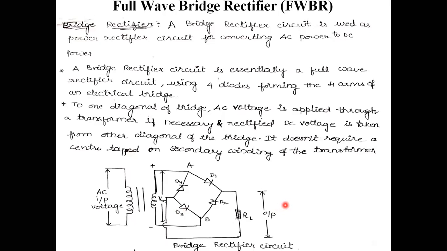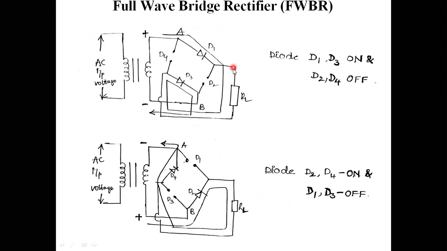This is the diagram with respect to the positive half cycle. That means terminal A is more positive and terminal B is negative. For the positive half cycle, AC input voltage is provided.